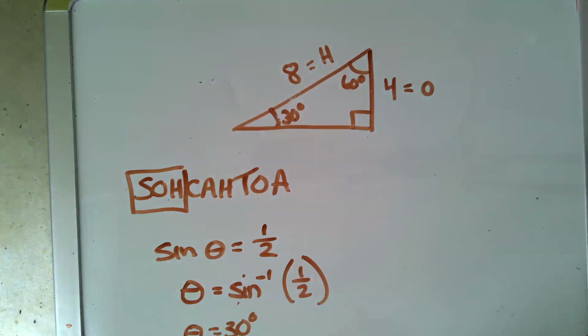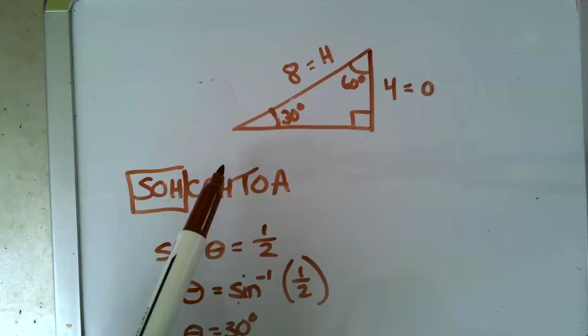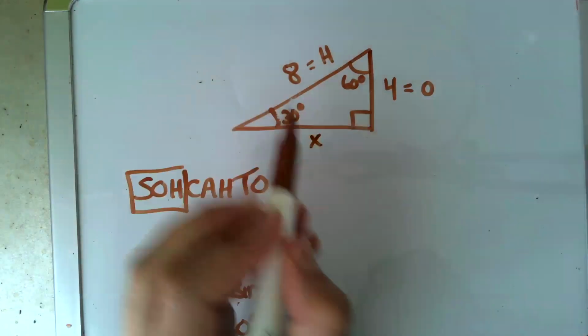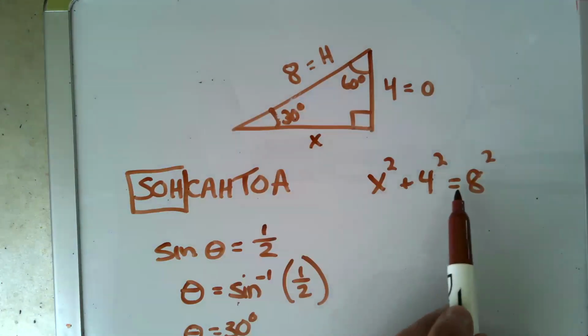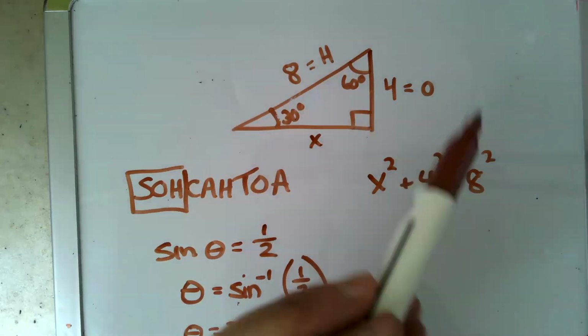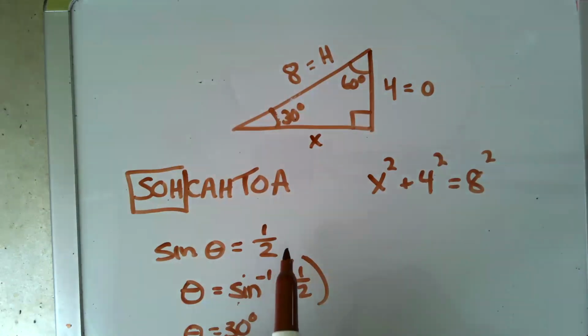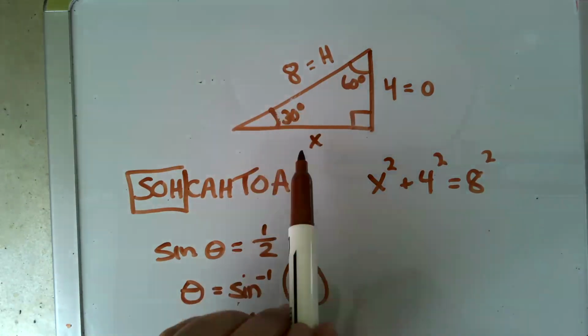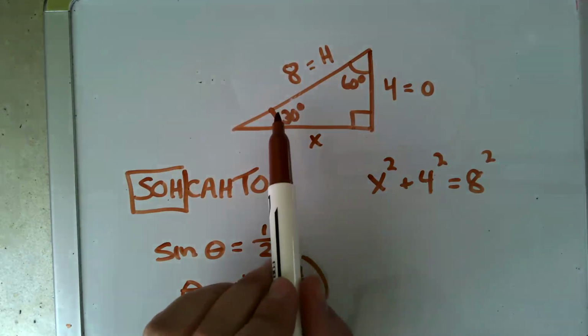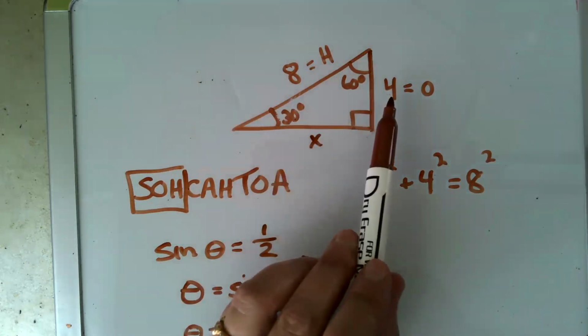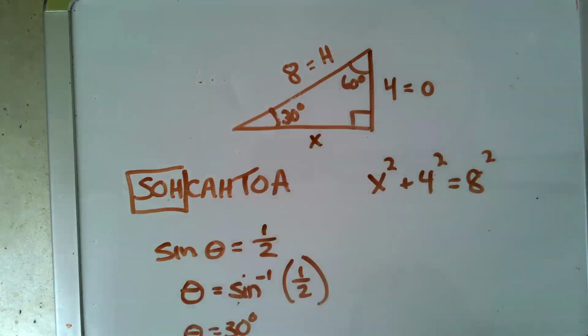Now I have 2 ways to move forward. Actually, I have many ways to move forward. One way is to say, okay, this is a right triangle, so if I call this x, x squared plus 4 squared equals 8 squared, right? Pythagorean theorem. Another way to do this is to say this is a 30, 60, 90 triangle. So I know if the side opposite my 30 is 4, the side opposite my 60 is 4 root 3.